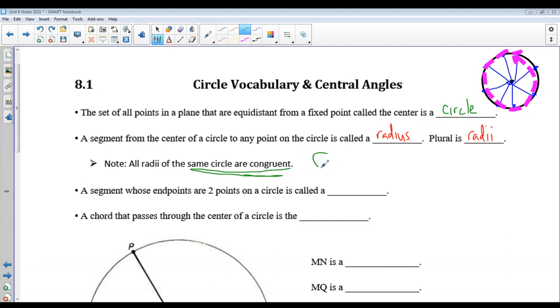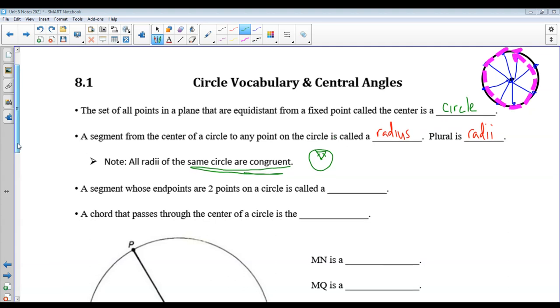Something we're going to use going forward: let's say I have my circle and I draw two radii here and here. Those radii, since they're part of the same circle, have to be congruent. And we're going to come back and start looking at our isosceles triangle rules again. So we're going to keep using triangles to our advantage this unit.